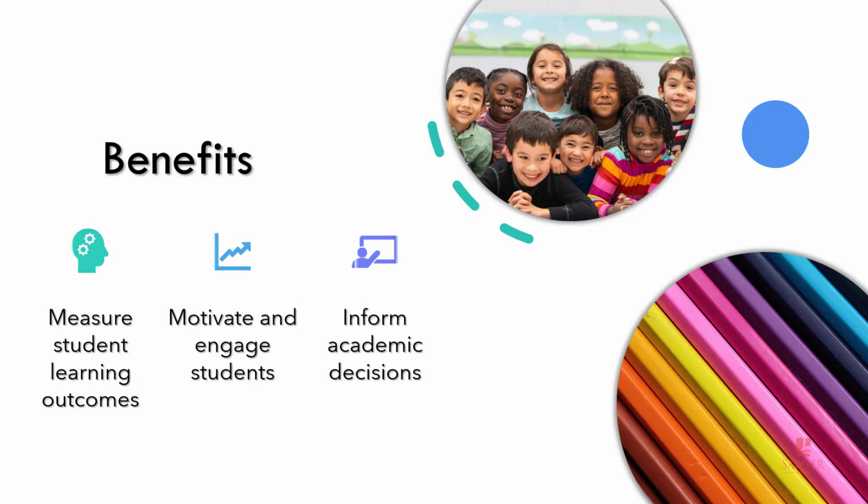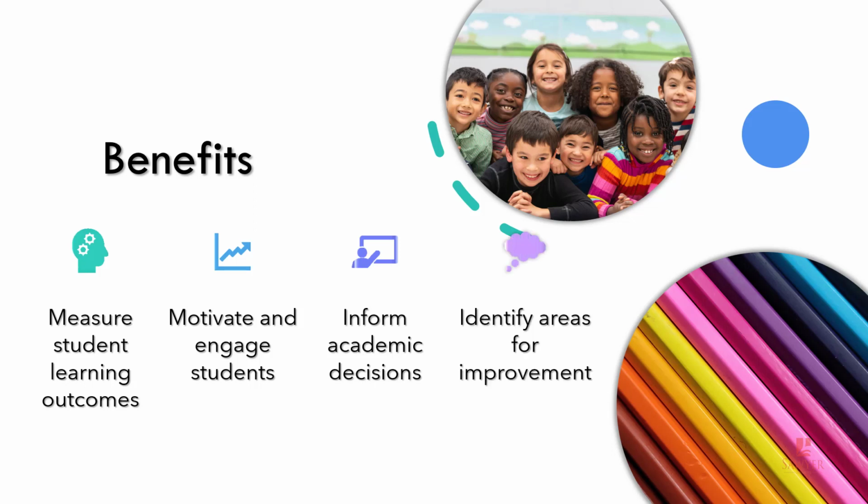But as far as informing academic decisions, it could also help us to change the way that we're going to teach the next segment. Maybe they're not understanding because of the way that I'm doing things. Maybe I need to add more formative assessment opportunities into my lessons, that sort of thing. Okay.